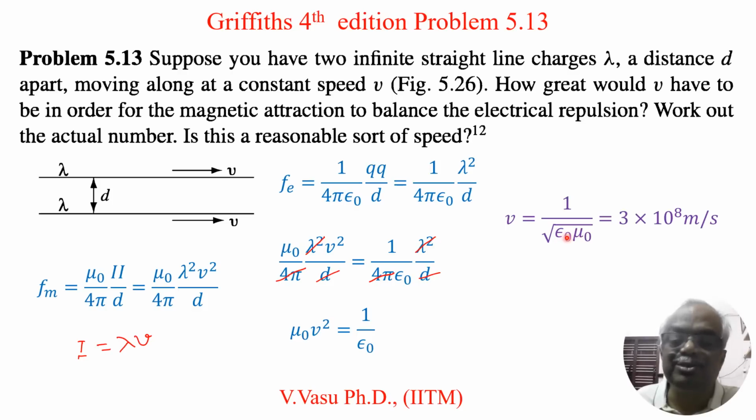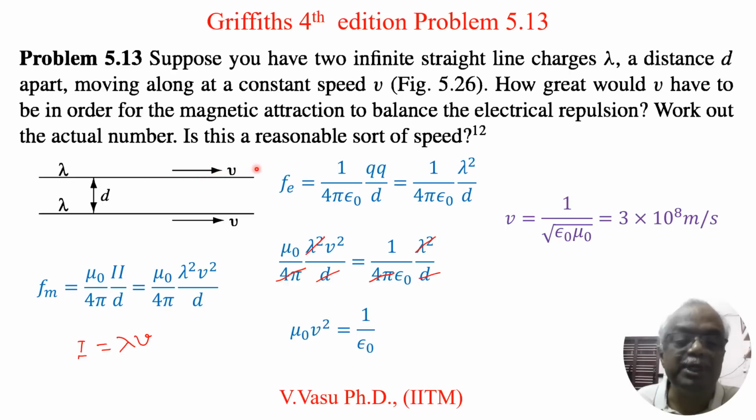We need not do any substitution. Even if you substitute, you will get the velocity of light, that is 3 times 10 power 8 meters per second. So here you can see this is actually highly impossible, because this current charge has to move with the speed of light.